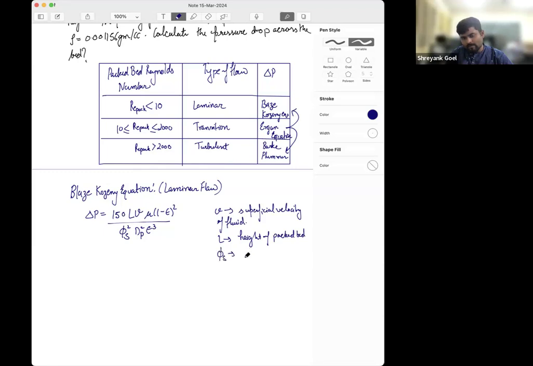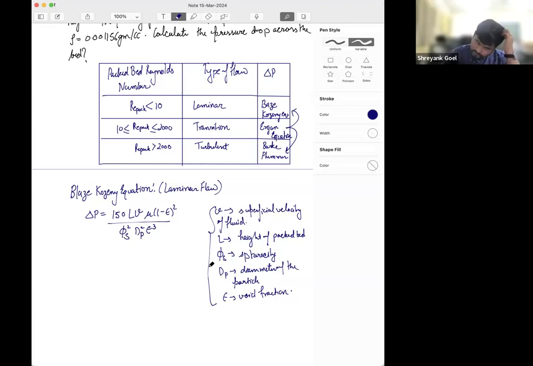Phi_s is sphericity, which for a spherical particle is 1. dp is diameter of the particle. Epsilon is void fraction. So these are the variables on which delta P depends, and this will be there for all the different kinds of equations. Okay, so that is for laminar flow.